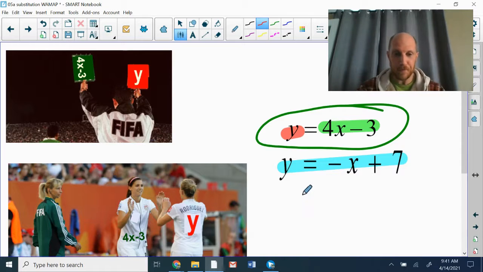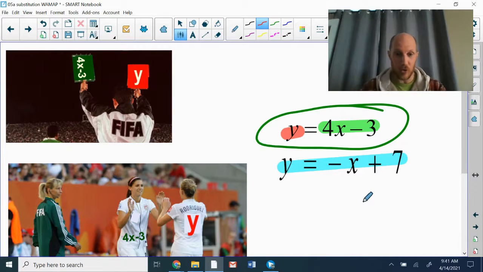Play on. Okay, so in the system of equations, I have two equations. This top one, we're going to say this is like the coach's roster, where I got y is equal to 4x minus 3. That means they both do the same job. They have the same position. So the second equation, this blue one, we can think of that like that's the soccer field, and there's y out there, doing her job on the soccer field.